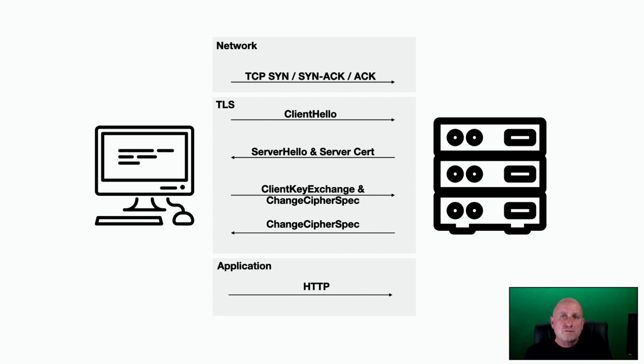The application would either be your browser connecting onto the bank's website, maybe a mail client, maybe an MQ client, or some other application level protocol using TCP as a communication mechanism. The application is totally independent of the TLS protocol that secures the network connection between the client and the server, and ensures that the connection between the client and server is secure.